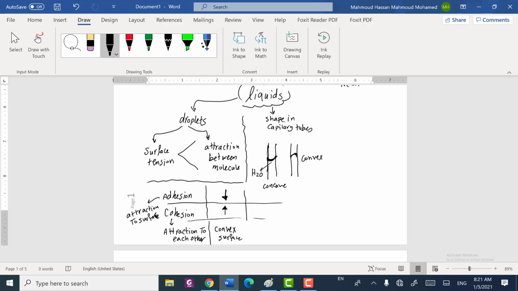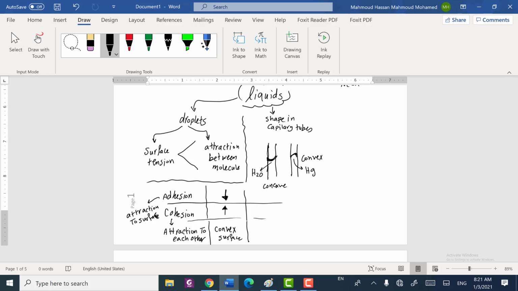Like in the case of mercury, the adhesion to the capillary tube is small, but the attraction between the mercury molecules and each other is greater, so it takes the convex shape.